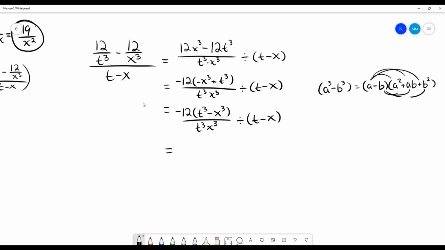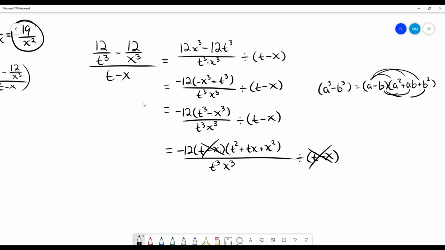So this is going to be a negative 12, and then we get our t minus x times t squared plus tx plus x squared over t cubed x cubed divided by t minus x. And now we can cancel these out.